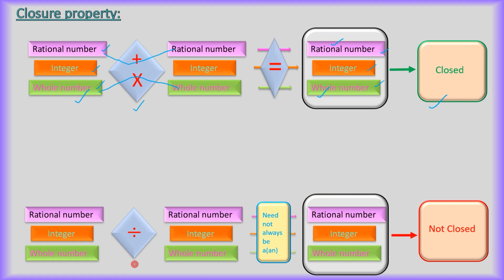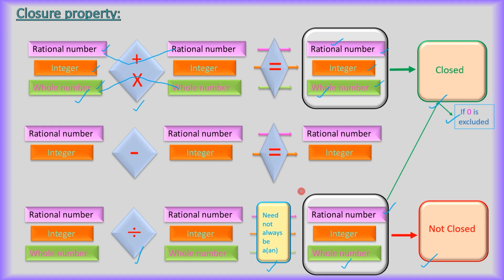If we do the same for division, the answers we get need not always be the same type of numbers. So, these three types of numbers are not closed under the operation division. But rational numbers are closed under division if 0 is excluded.